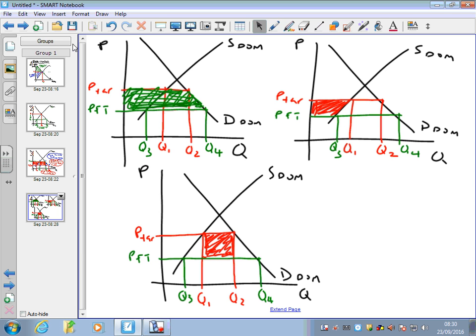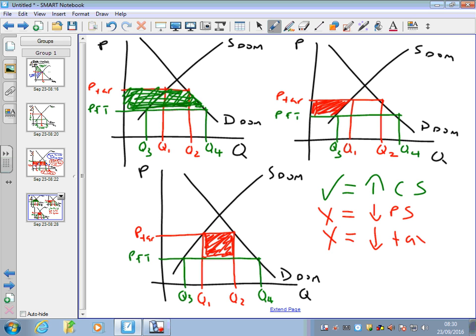So if I was looking at positives and negatives from this, then good: we've got this growth in consumer surplus. We've got bad, because we've got lower producer surplus. We've also got bad, because we've got lower tax revenue for the government. So when you think about that big green box in the first diagram then, this one here is not really a gain for society.